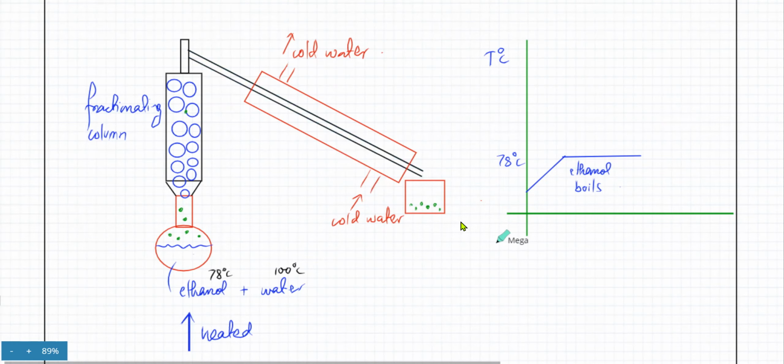There's a tiny difference between boiling and evaporation. Boiling is when the whole substance starts to change state. So at 78, the whole of ethanol would be evaporating, and you'll be condensing it and getting it at the other end. But at 78, some of the water molecules at the surface would also try to escape into gaseous form.